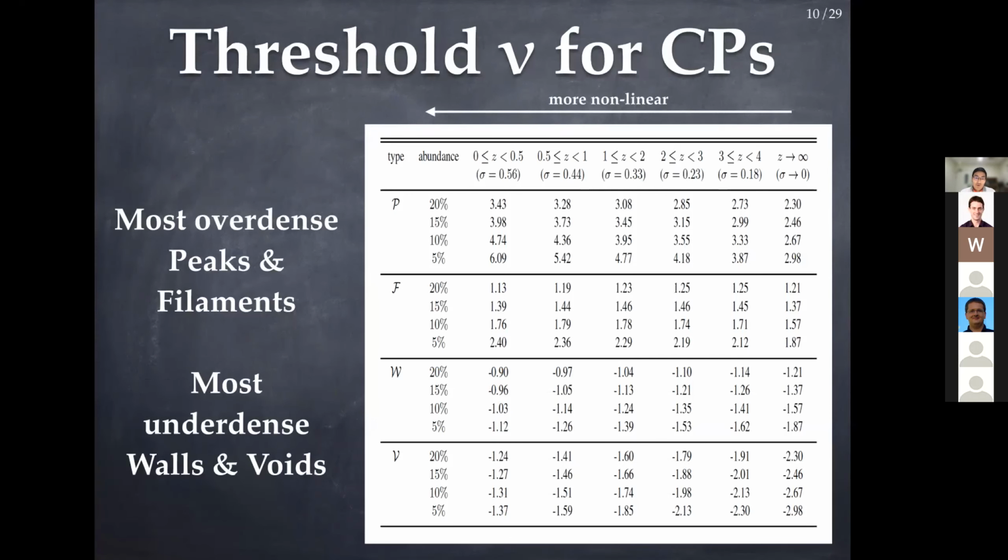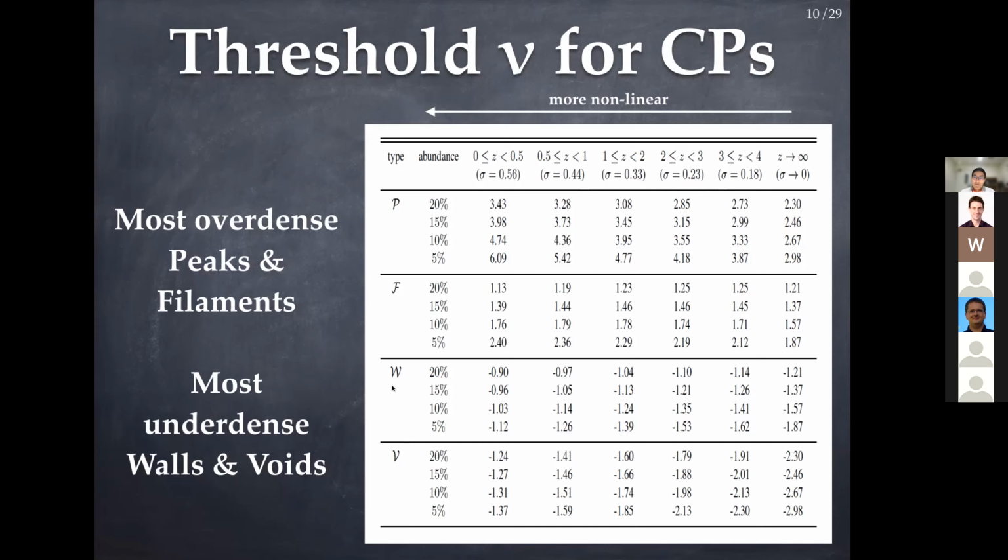So we are actually extracting a specific population of critical points among its kind. So for instance, for peaks and filaments, we are extracting the most overdense 5% to 20% among their whole population, whereas we pick out only the most underdense 5 to 20% walls and voids.